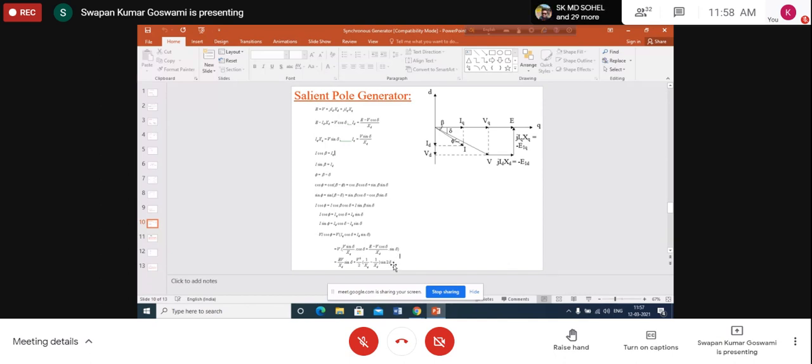What does it reflect in respect of performance of the salient pole type machine? কি indicate করে বলো তো? That dP/d delta is having somewhat higher value. কেন higher value বললাম? Because of the presence of this sin 2 delta component.